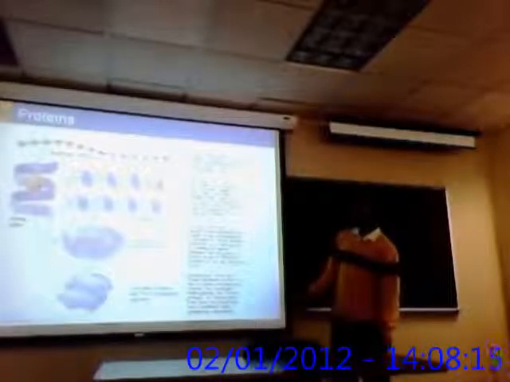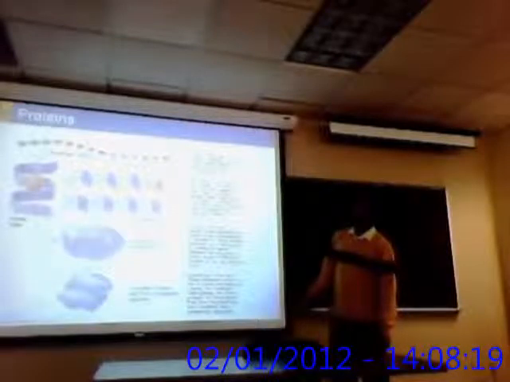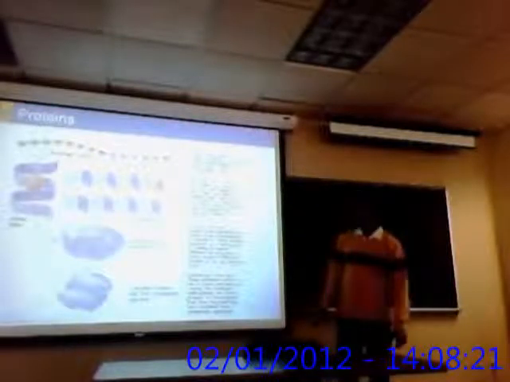So the shape of a protein is very complex. But what determines the overall structure of a protein is the sequence of amino acids, the primary structure. And the function of a protein is dependent on its shape, just like the function of a tool or a door is dependent on its shape.